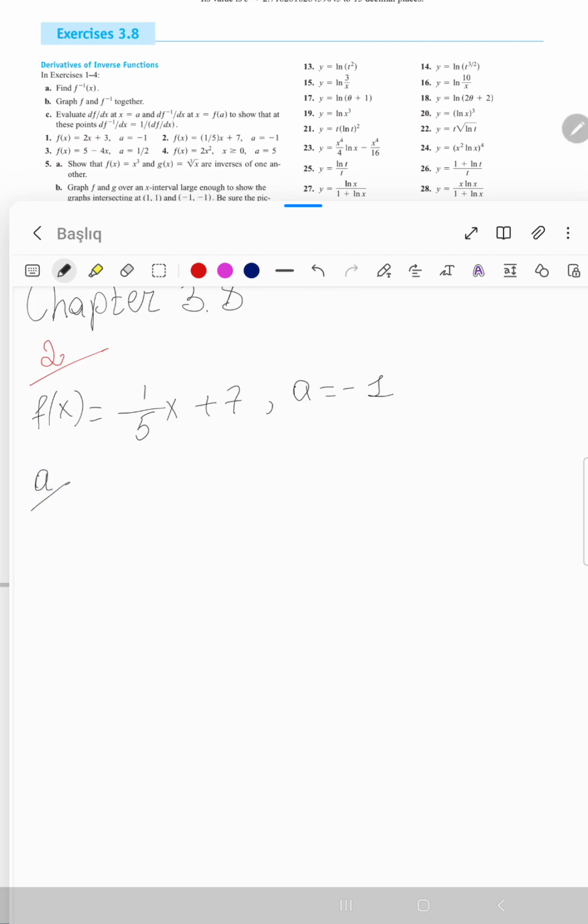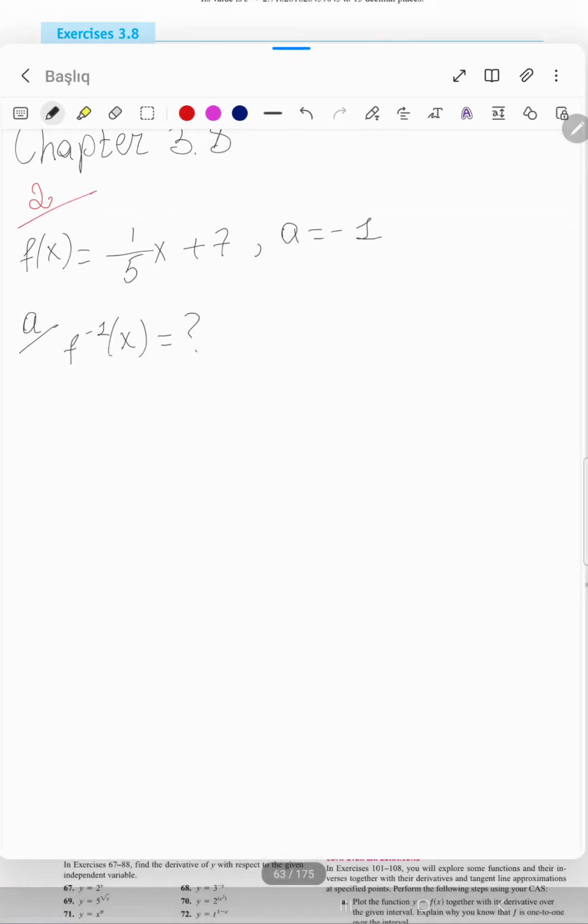In A, we have to find the inverse of f(x). Let's find it. So f(x) equals 1 over 5x plus 7. We have to find x. 1 over 5x equals f(x) minus 7, so x equals 5 f(x) minus 35.